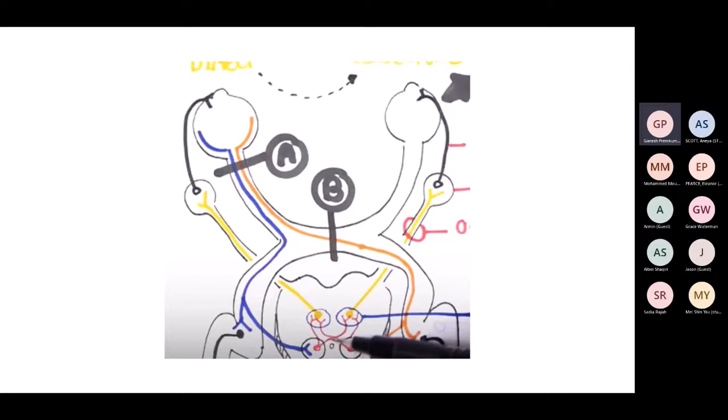So if I get a consensual response, I know the optic nerve in the person's right eye is intact, but the right eye itself isn't constricting, which would tell me it's probably a cranial nerve 3 problem with the right eye, because what we said earlier was that constriction and dilation of the pupil is to do with cranial nerve 3. So putting the cranial nerves together, you can appreciate this a bit better.